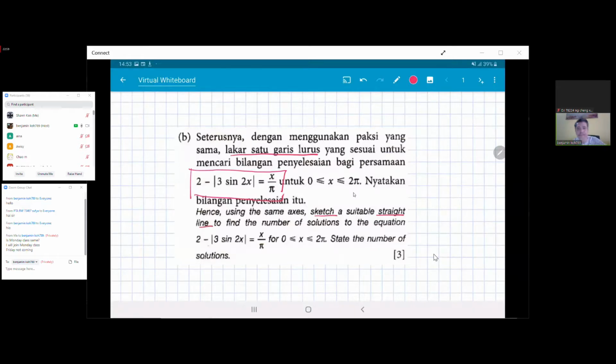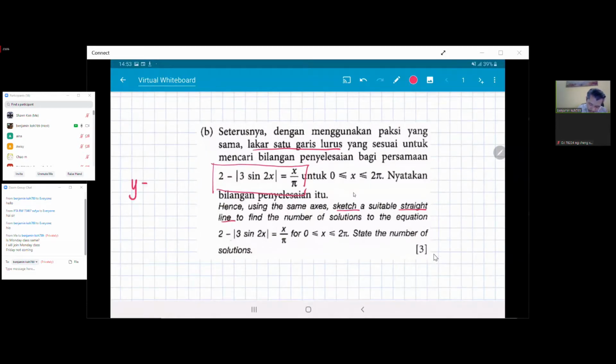You know a straight line is supposed to be y equal mx plus c, right? Persamaan garis lurus. But why does your straight line have a modulus and a sine? Why does it have a pi? No problem. Because in trigonometry, you use pi for the angle, which means your x-axis labels are all in terms of pi.